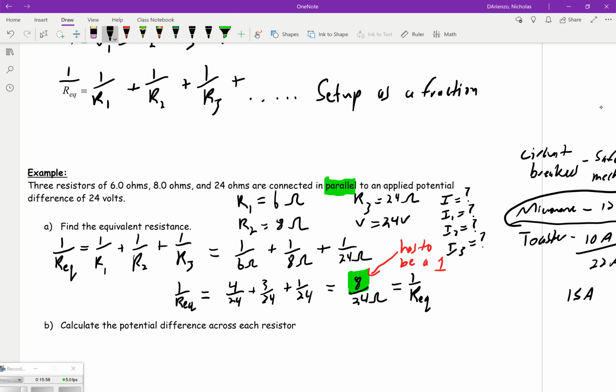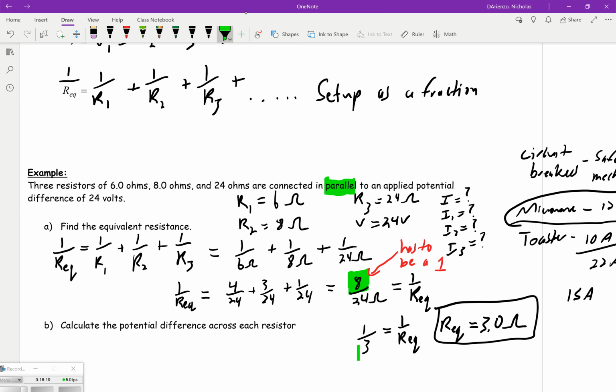And that'll give us 1 over 3, which is equal to 1 over Req. So Req, equal to the number in our denominator there, would be 3 ohms. So as long as we make that numerator a 1, the bottom number here will be our equivalent resistance.